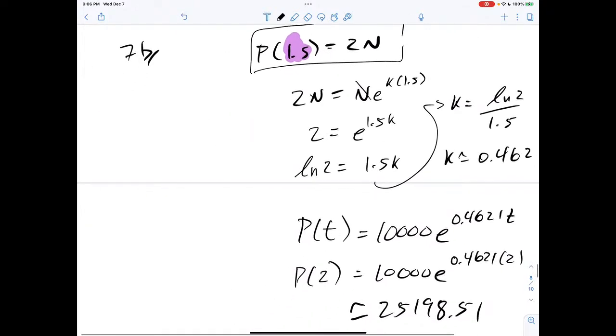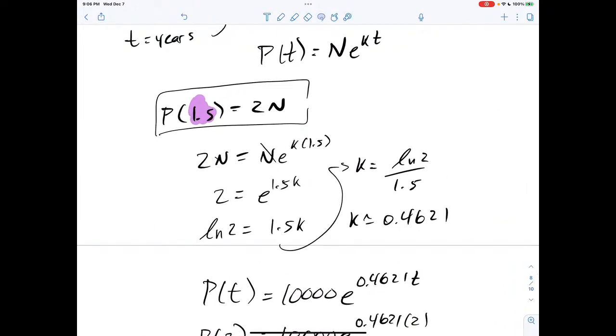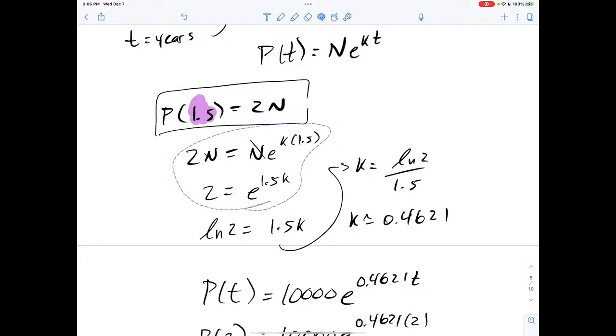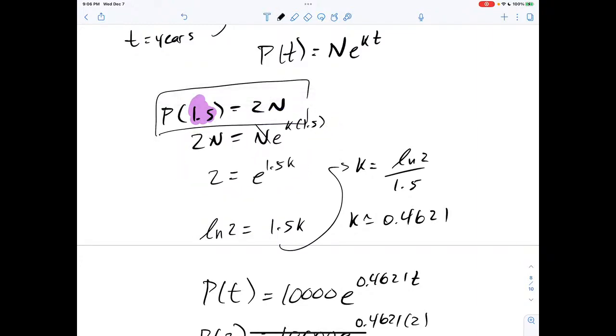So what I did was I took the ln of both sides, so it's ln of 2 equals ln of e to the 1.5k. That's the step in between. And then that 1.5k will drop down to here. And then the ln of e is 1. So it became ln of 2 is 1.5k.